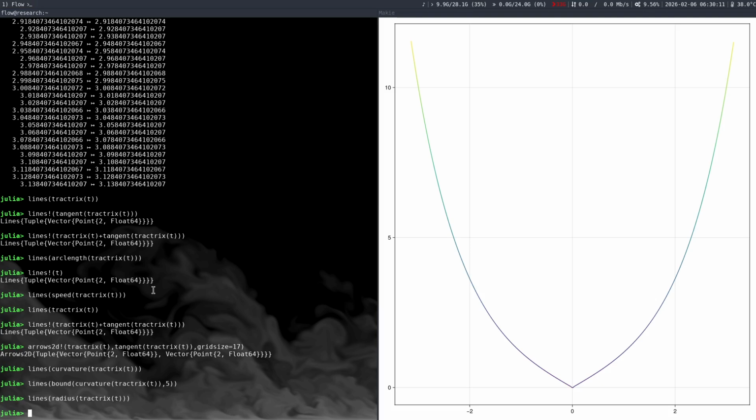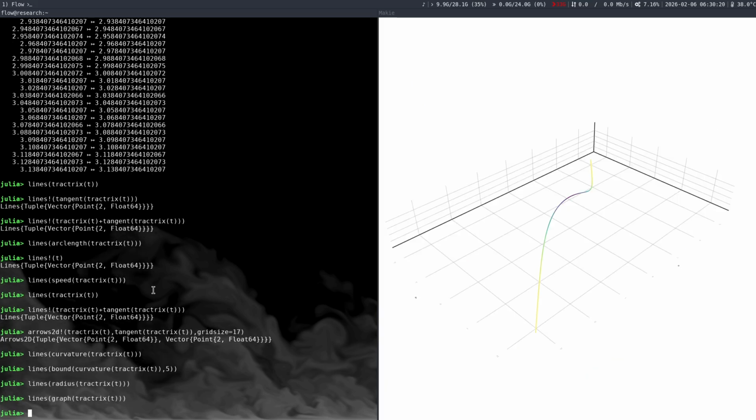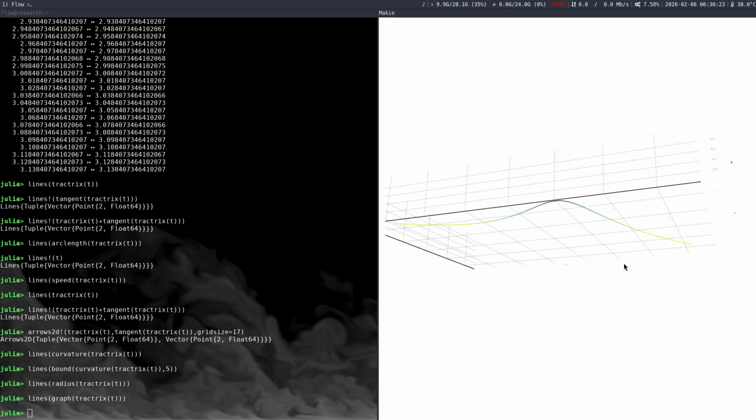Now, if we take a look at the graph of the tractrix, we get a three-dimensional curve.